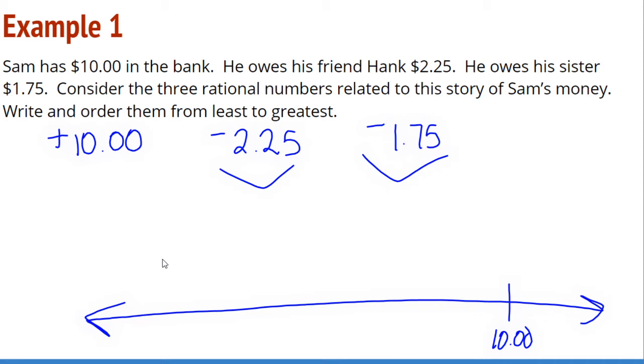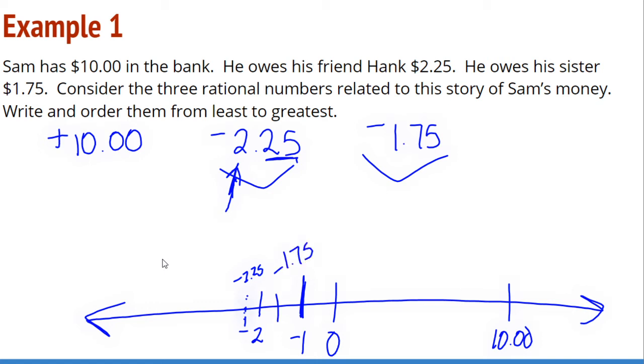So now I need to look at these negative numbers and think about where they're going to go on the number line. Now on this first one, I'm going 2 units from 0. So 1, 2, so there's the negative 2. And on top of that, I'm going a little bit farther. So there's negative 2 and 25 hundredths. Now on this other one, I'm going negative 1, and a little bit farther, 75 hundredths.